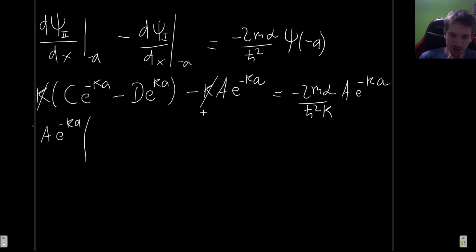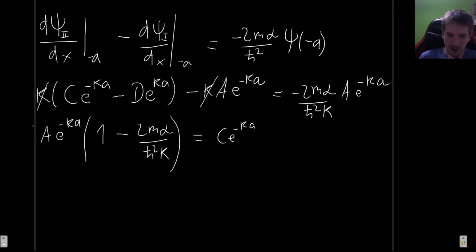So we are factoring, so this will be just minus 1, but it goes to the right side, so it's going to be 1. So we get 1 minus this 2m alpha divided by h bar squared k. And now this has to be equal to C e to the minus ka minus D e to the ka. So this is going to be our equation number 3.